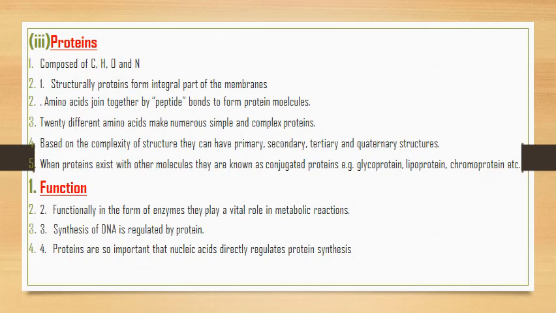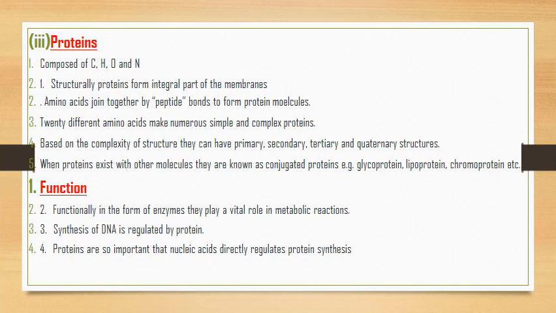Proteins are composed of carbon, hydrogen, oxygen and nitrogen. Structurally, proteins form an integral part of the membranes. Amino acids join together by peptide bonds to form protein molecules. 20 different amino acids make numerous simple and complex proteins. Based on the complexity of structure, they can have primary, secondary, tertiary and quaternary structure.